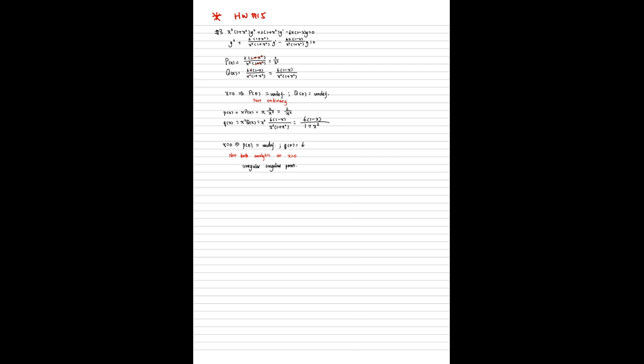The lowercase p of x equals x times capital P of x, which equals 2 over x squared, and the lowercase q of x is x squared times capital Q of x, which equals 6 times (1 minus x) over (1 plus x squared). I plug in x equals 0 again, so p of 0 is undefined and q of 0 is equal to 6. Since they're not both analytic at x equals 0, it's an irregular singular point.